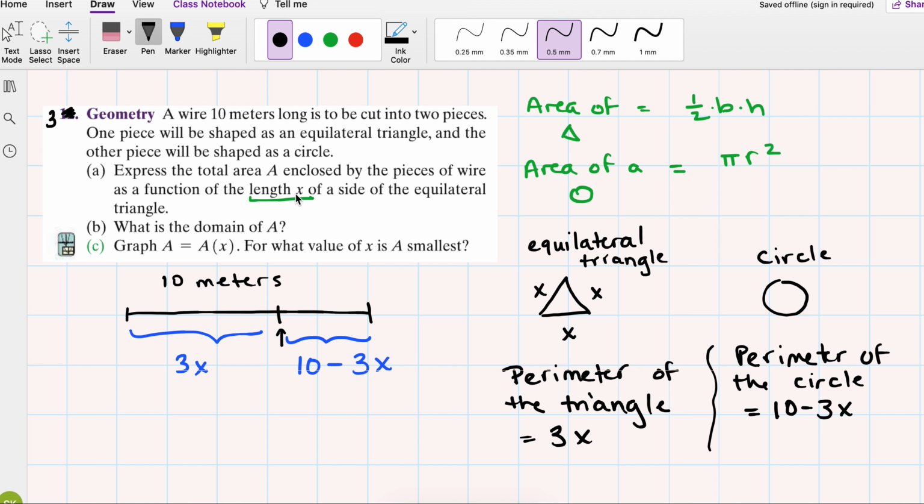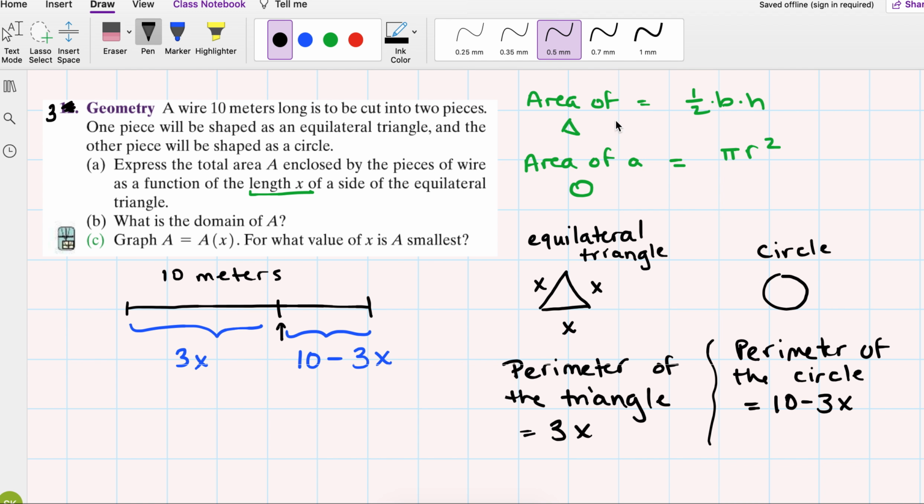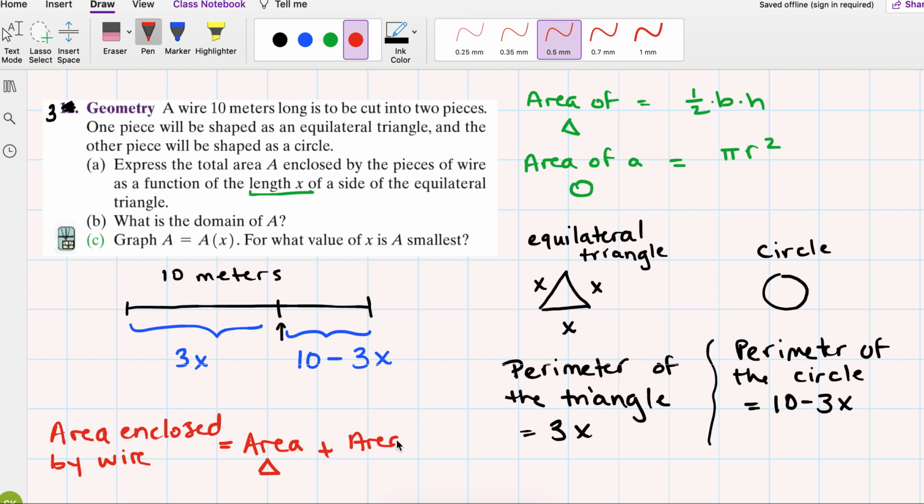We want to find this area function, and so the area, in fact, let me do this in a different color. Let's put it in red. The area enclosed by the wire is going to be equal to the area of the triangle plus the area of the circle.